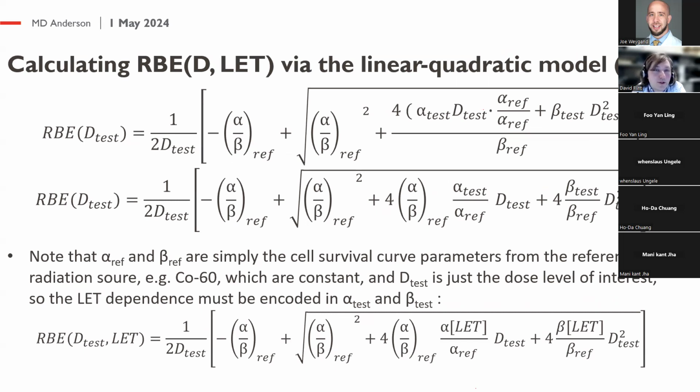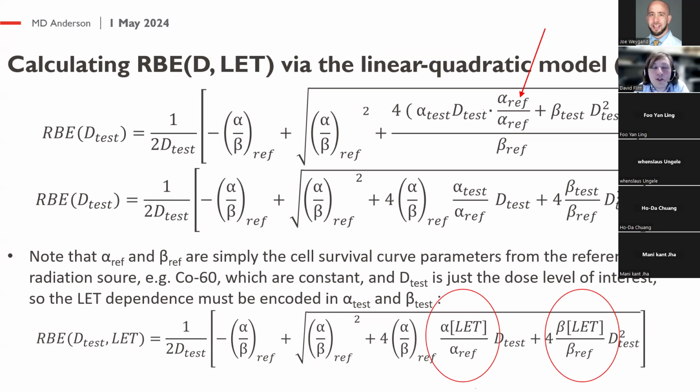There's some more cleaning up you can do in this algebra, which I'm showing here, but I'm really just trying to get to the point at the bottom. Basically, this equation at the very bottom, which is relating RBE to the parameters alpha and beta. And after doing this algebra, you can write the equation in such a way that you can pretty clearly see these terms right here, the alpha over alpha ref and beta over beta ref terms.